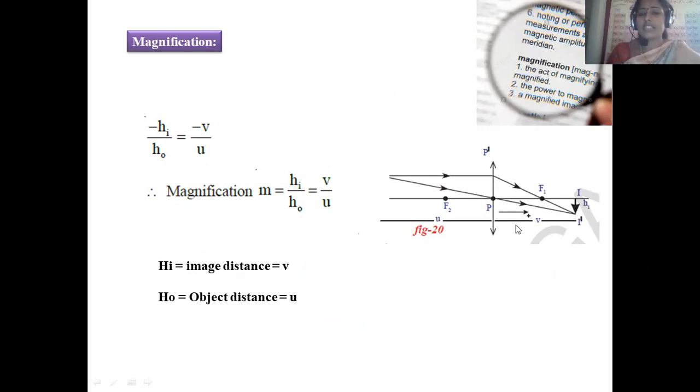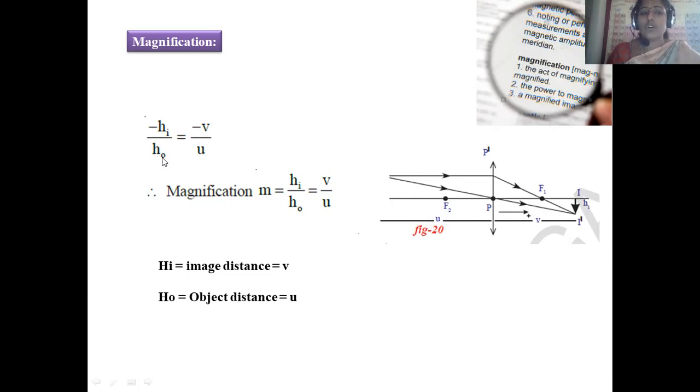I prime I is the height that is given by HI, and being inverted, you have to indicate the minus sign here. And HO, initially you can find HO, that is the erect one, so HO is positively signed. Here, being inverted, you have to indicate the negative sign.